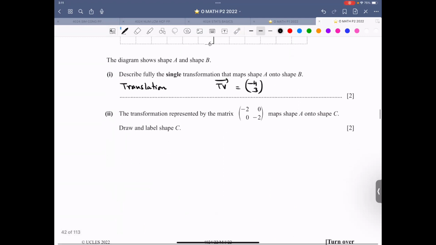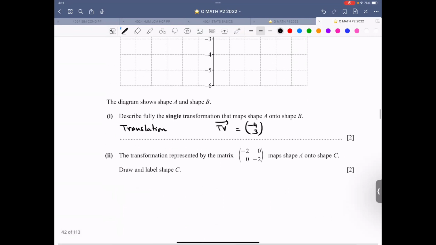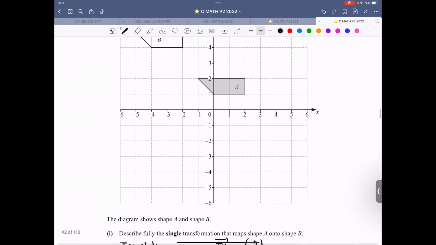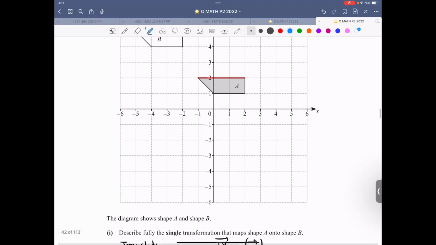The transformation represented by the matrix maps shape A onto shape C. Draw and label shape C. So if I focus on this, this is like 3 units long. This is like 2 units long this way, the trapezium. This is 1 unit. And the third line, I'll simply join.